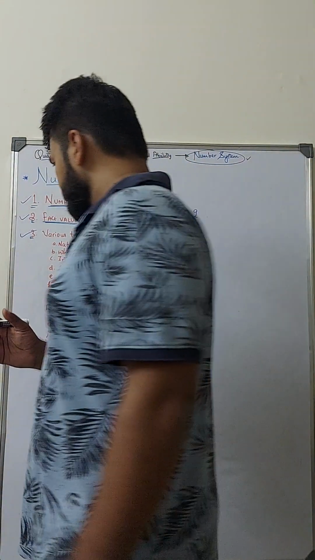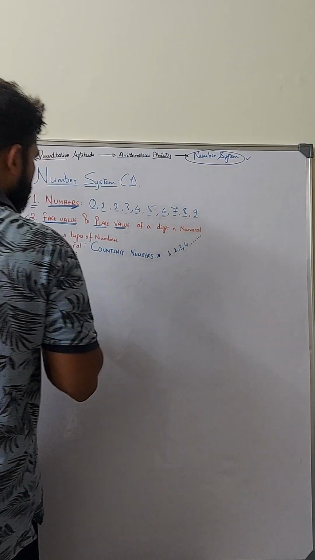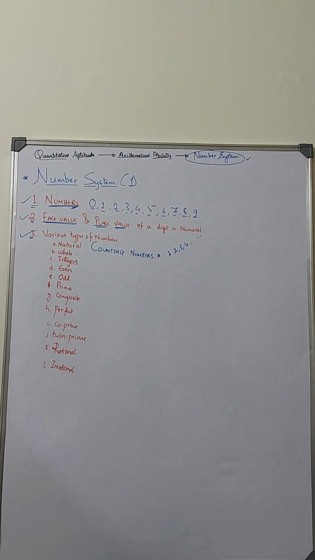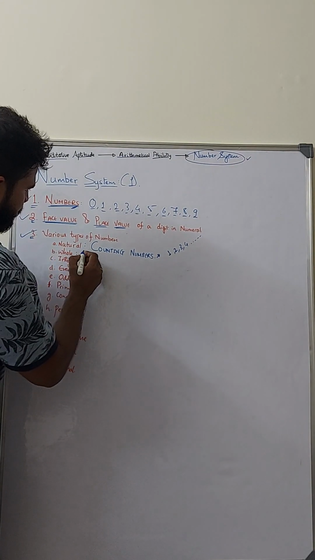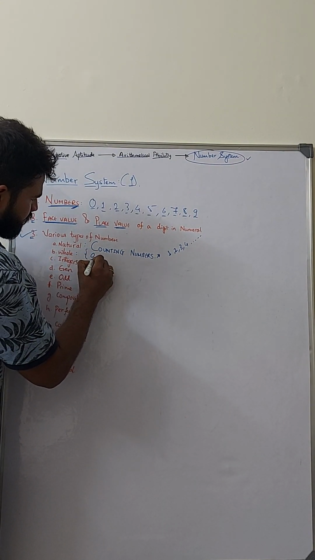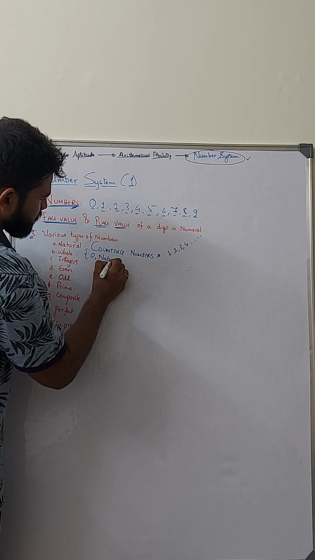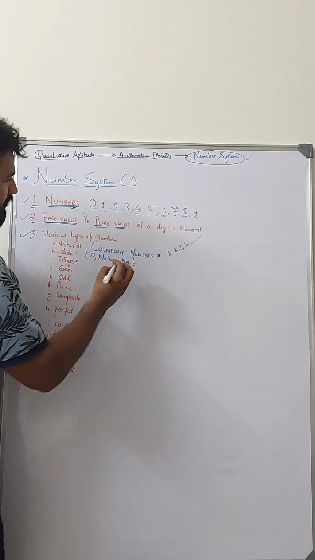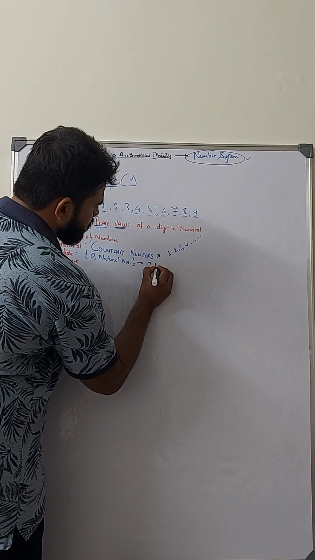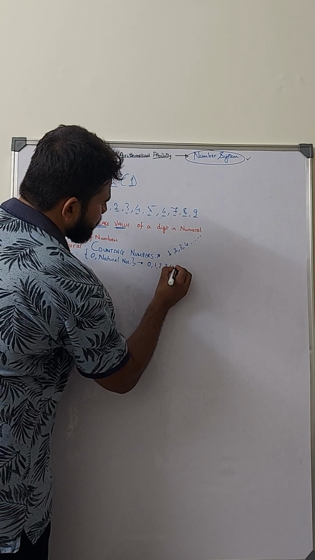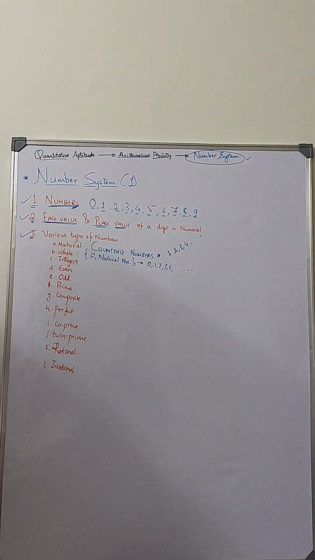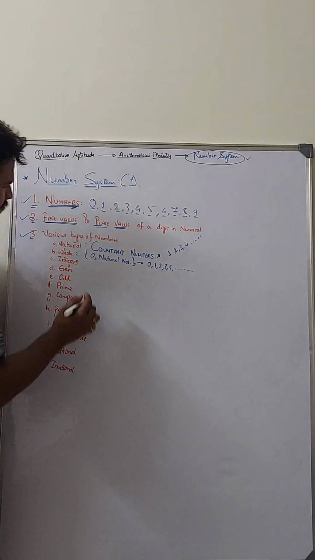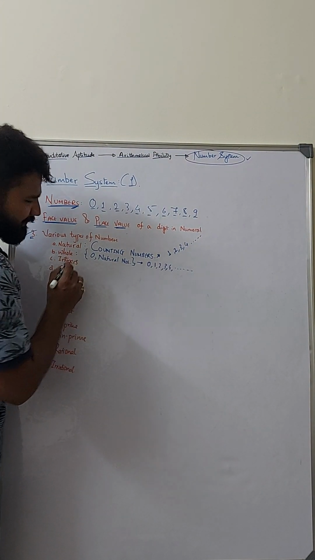But for whole numbers, there is something missing. The set of whole numbers is nothing but 0 with natural numbers. So over here, it will start from 0, 1, 2, 3, 4, and so on. That is the difference. That's it. You can simply remember whole as representing the 0.